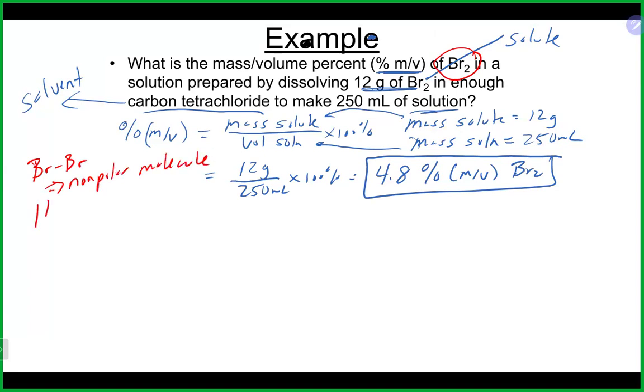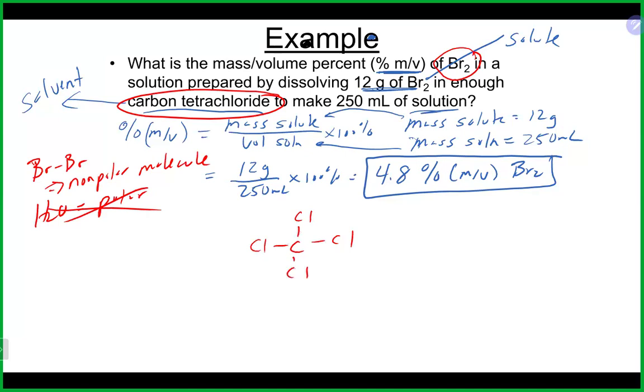And that means that water, which is polar, is going to be a terrible solvent because, again, like dissolves like, they are not going to mix really well. That is why they needed carbon tetrachloride, which if you quickly sketch it, looks something like this. That is a symmetrical geometry where everything on the outside is the same. That's also going to be a non-polar molecule.